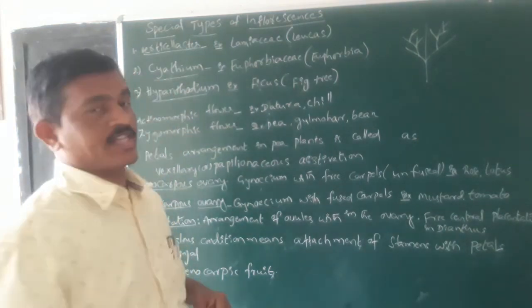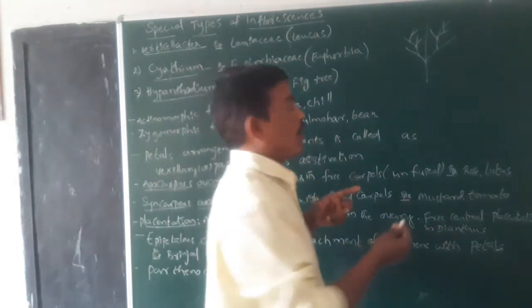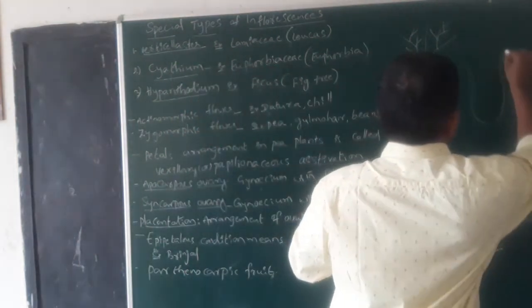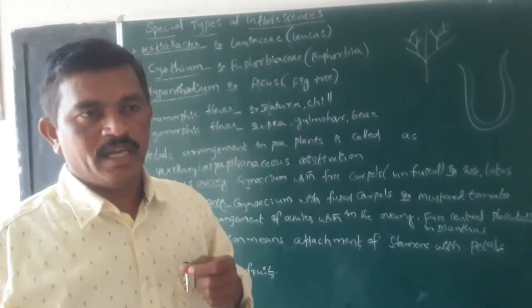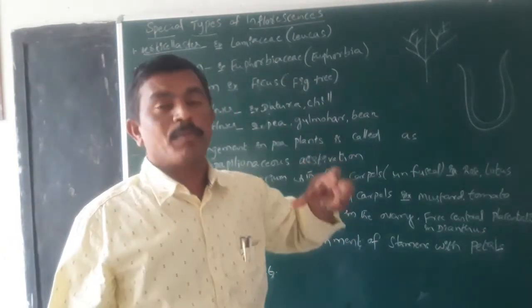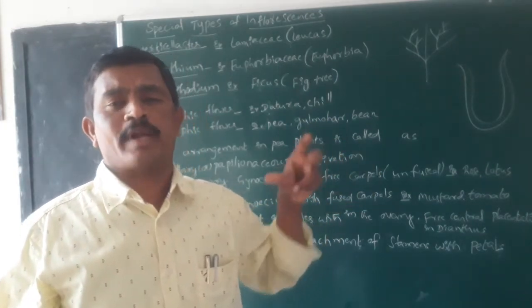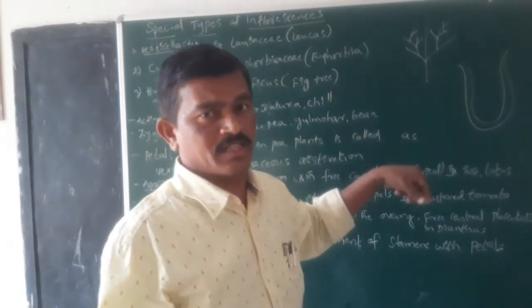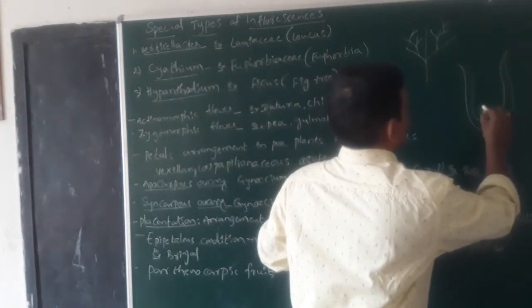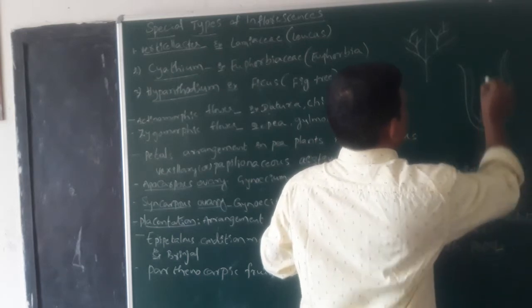And in case of the cyathium type of inflorescence, usually a cup-like structure is produced from the involucre of bracts. Inside that cup-like structure, in the middle, a tricarpellary syncarpous ovary is usually produced.